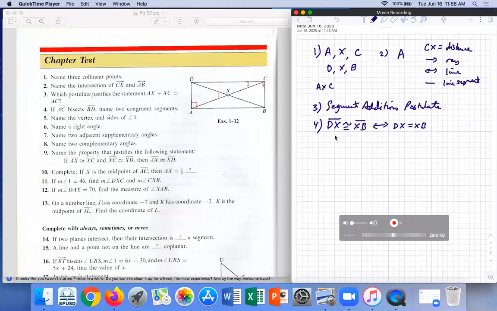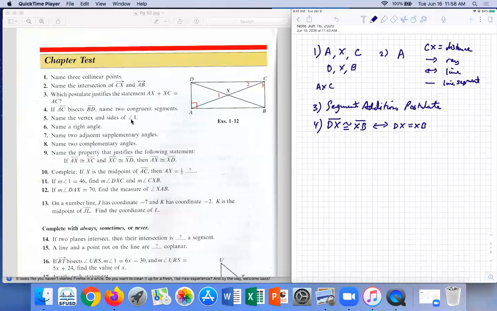All right, number 5: name the vertex and sides of angle 1. Here is angle 1. Other names for angle 1: it's also known as angle DXA, also known as angle AXD.